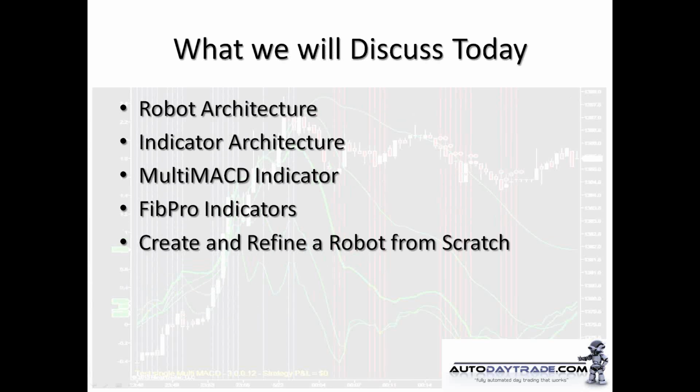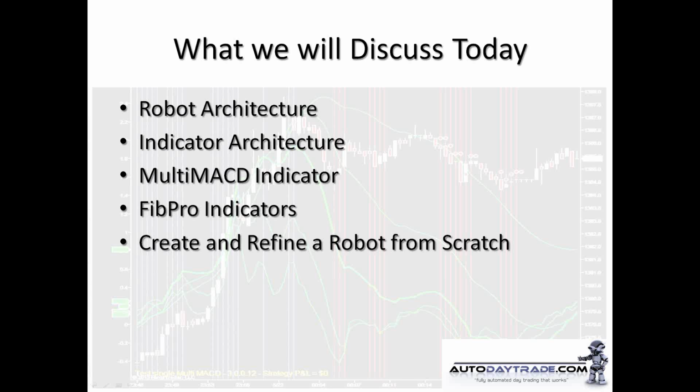Here's what I hope to cover today. We're going to do a quick overview of the robot architecture, and discuss more in depth AutoDayTrade.com's indicator architecture, which is substantially different than other trading platform providers' indicators. Then I'm going to introduce another of AutoDayTrade.com's indicators, the MultiMACD Indicator, and go over the functionality of our FibPro Indicators.